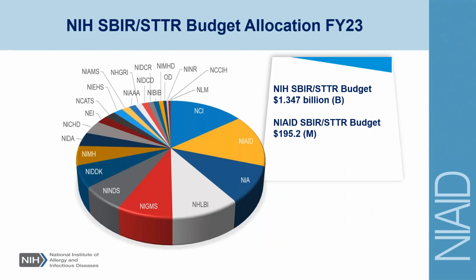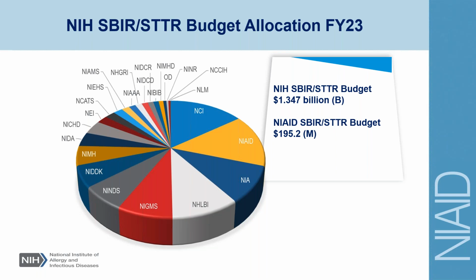For fiscal year 2023, NIH has allocated approximately $1.347 billion of its budget for the SBIR STTR program. And within this budget, about $1.18 billion is for SBIR programs, which represents about 3.2% of NIH's total budget, and about $166 million for the STTR program, which is about 0.45% of NIH's total budget.